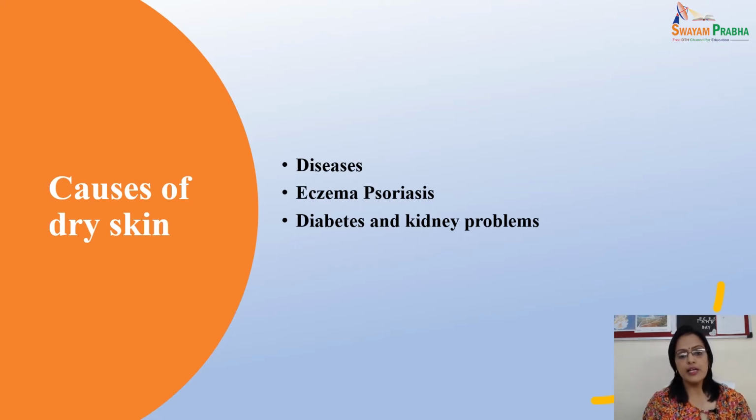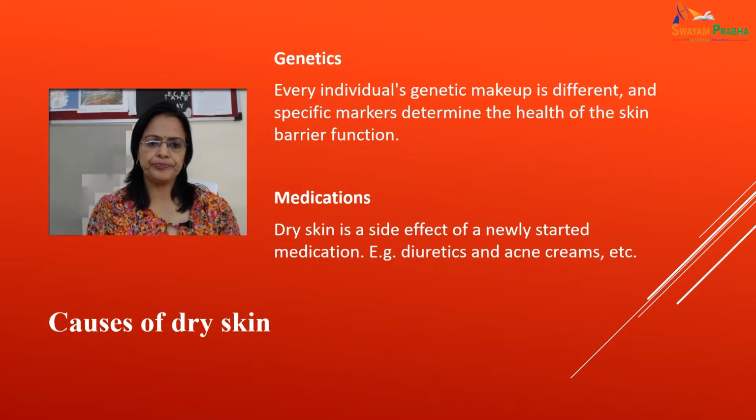Psoriasis is a non-contagious, long-lasting autoimmune condition that makes skin replicate faster than normal, and it appears on the skin as red raised skin with silvery or reddish scales. Diabetes and kidney problems: when your blood sugar level gets too high, yellow and red-brown patches can form on your skin and then lead to drying.